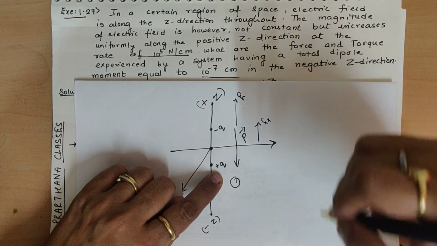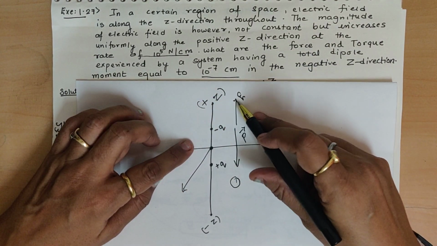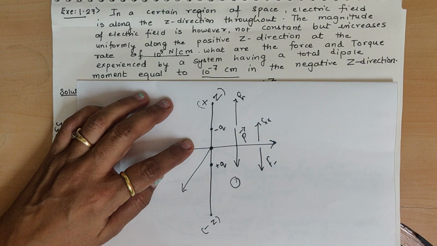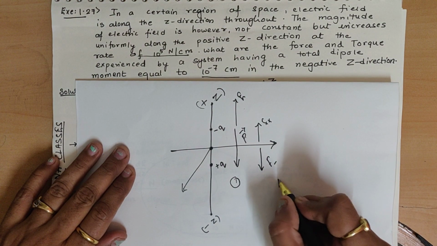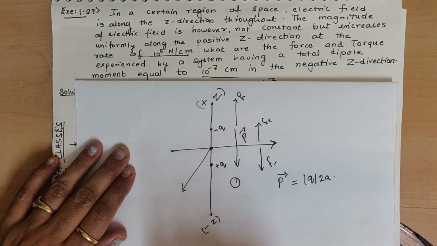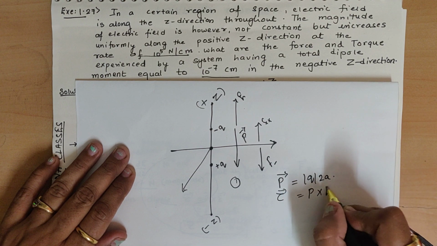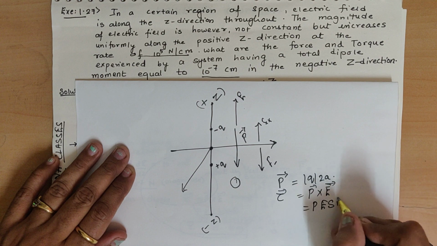So F plus would be in this direction, and negative charge will get the force opposite to the electric field. So definitely F negative would be in this direction. Now we know that the dipole moment is given by Q into 2A. And the torque is given by P cross E, which is equal to PE sin theta. We are familiar with these formulas also.